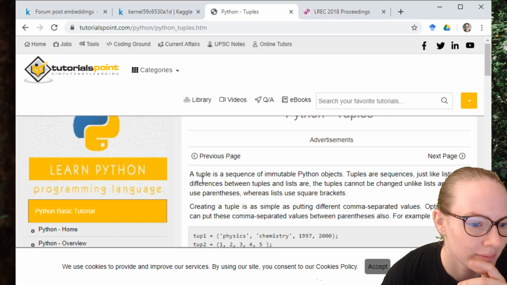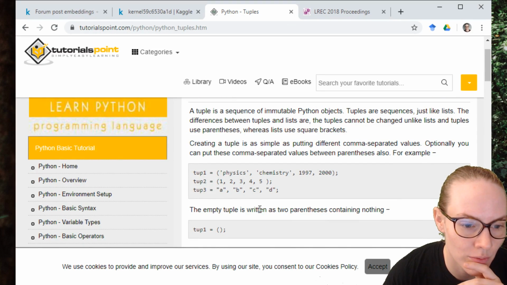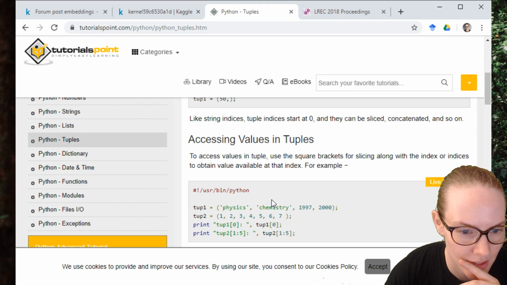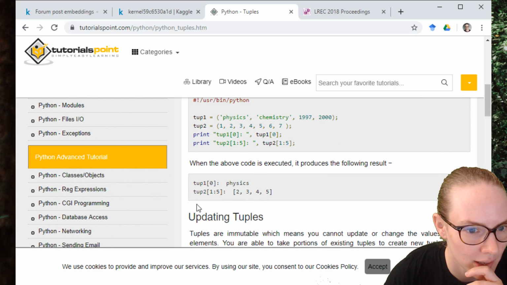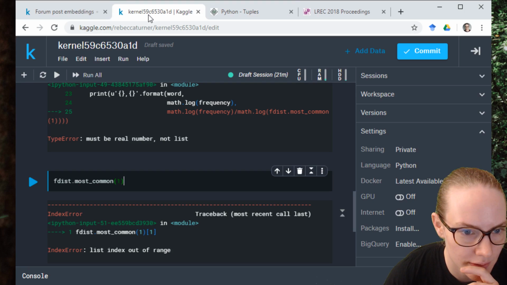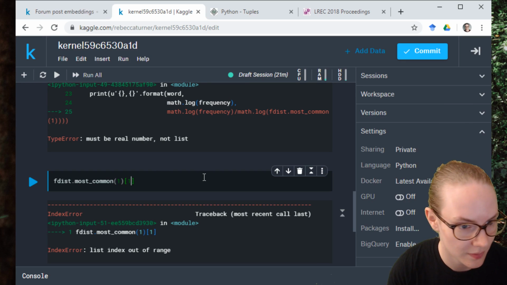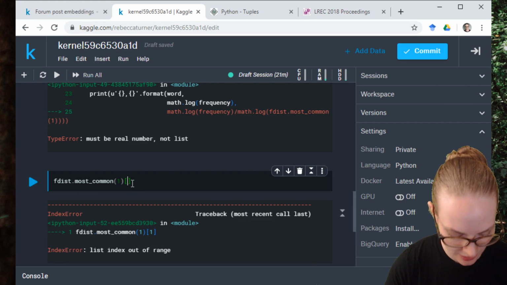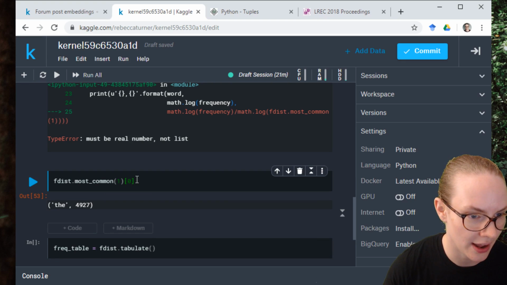I am getting better at recognizing... It was index out of range. All right, so it's the 0th, right? Oh, and can I from there say that it's the first?